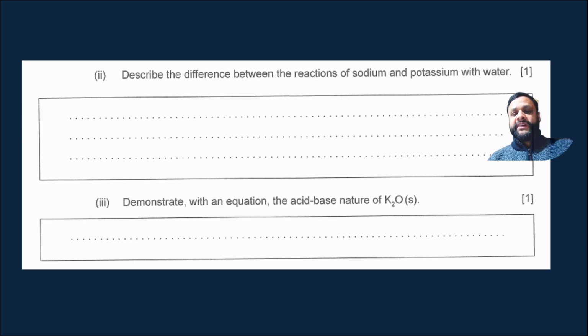2. Describe the difference between the reaction of sodium and potassium with water. When sodium reacts with water, we get sodium hydroxide and hydrogen, and similarly when potassium reacts with water, we get potassium hydroxide and hydrogen. So they both react with water.